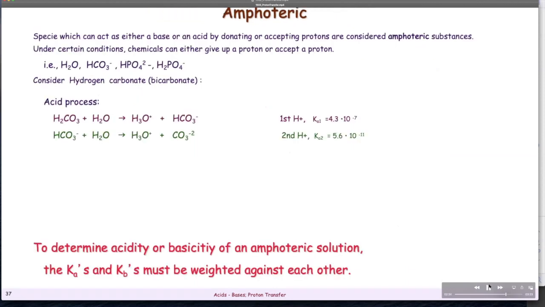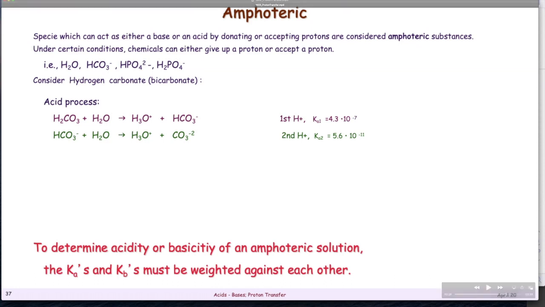Okay, so here are examples of an amphoteric substance. What is an amphoteric substance? Amphoteric means it has dual properties. It can be a proton donor or a proton acceptor. It can go either way.